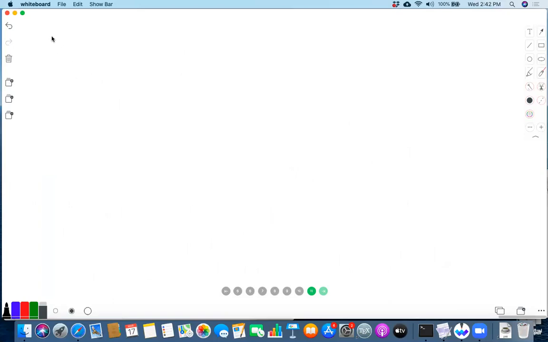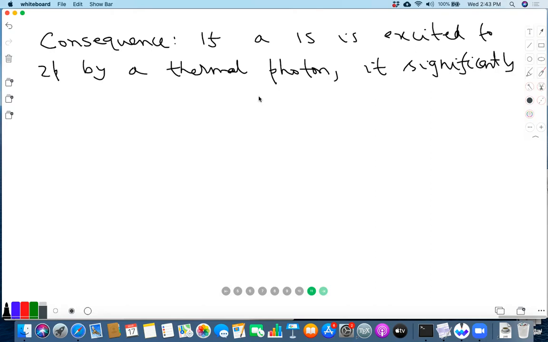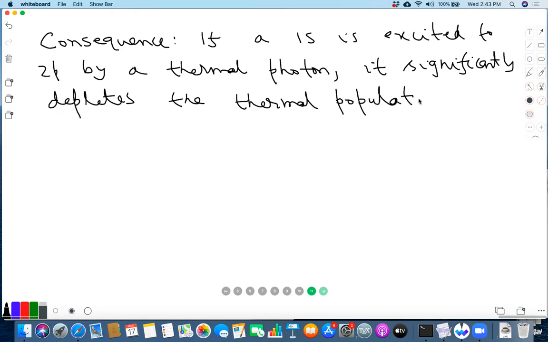So what consequence does it have? The consequence is that if a 1s is excited to 2p by a thermal photon, it significantly depletes the thermal population of photons of energy B1s minus B2s.